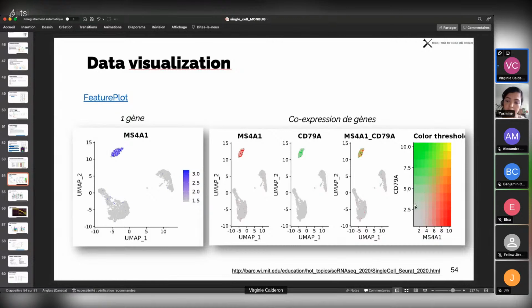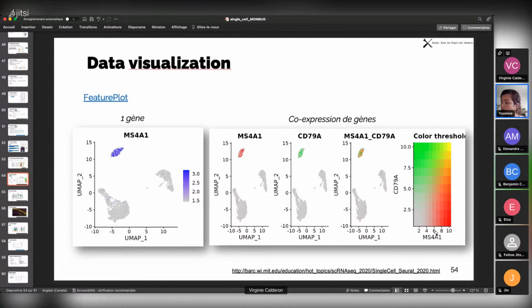So it's just based on the expression. If it's more red, that means it's more expressed in this one. If it's more green, it's more expressed in this one. It's like in microarray expression. And if you have something gray or yellow, I would say it's the same level of expression for both genes. Okay, perfect. So if it's gray, it means that it's not expressed for the two. Yeah, or it's more expressed in this one, or less in this one.